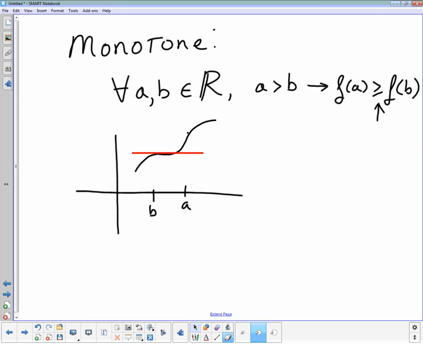Does it always have to be increasing, or can it lay flat for a second, or a little while? In fact, that's the difference of the bar. The bar underneath it says that yes, it can still be monotone if it's lying flat for a second.